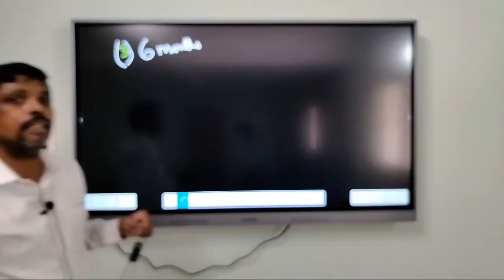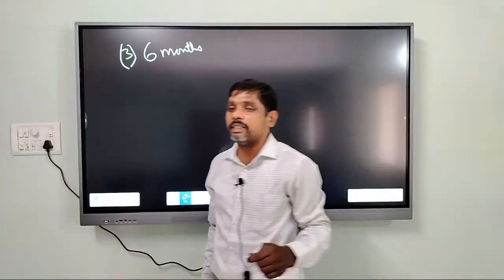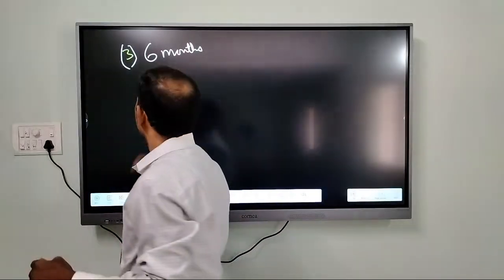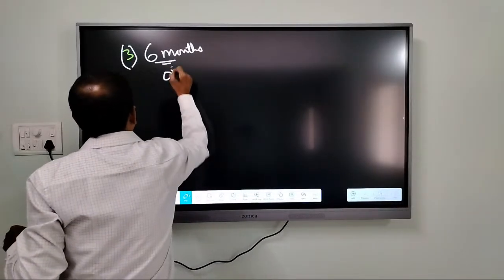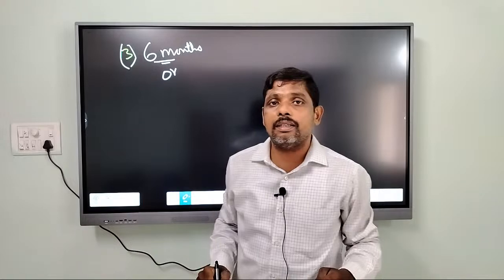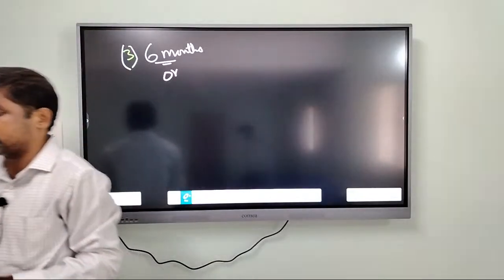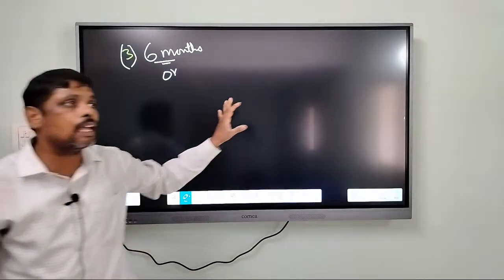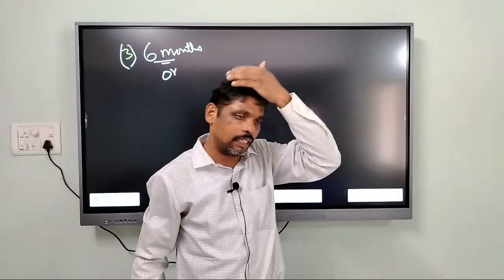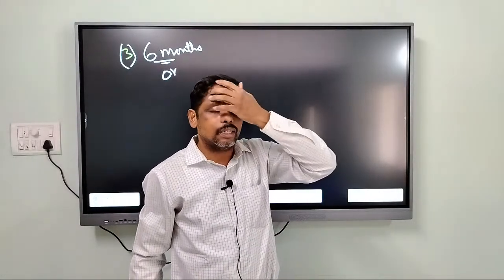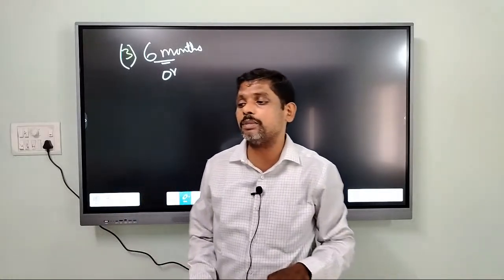Normally, the validity of an ordinance issued by President of India is 6 months. Alright, 6 months, or till the parliament comes into session. So normally the life of an ordinance is 6 months. Alright, and this ordinance will be in effect, or it will be in force till the parliament comes into session.